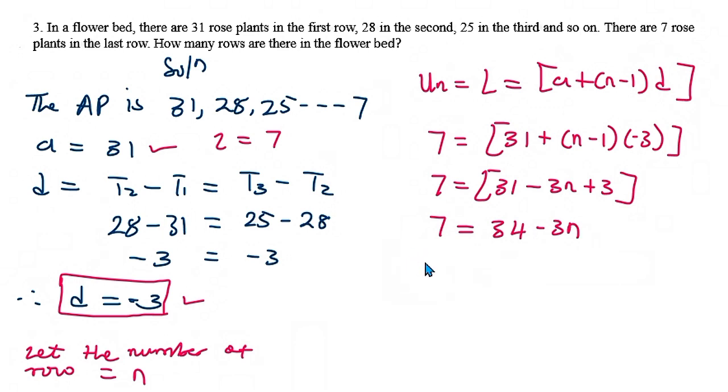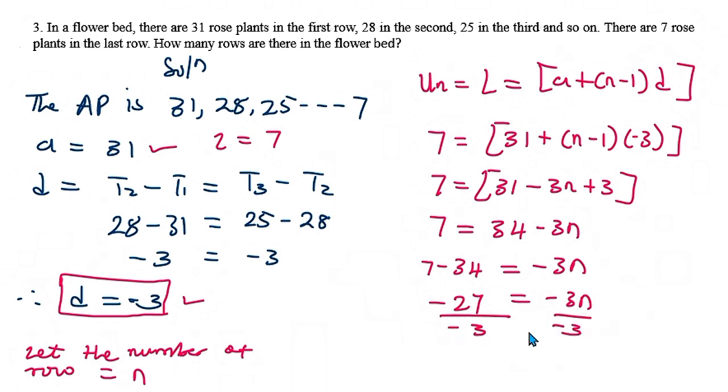Grouping like terms, we are going to have 7 minus 34 equals minus 3n. And 7 minus 34 gives minus 27, so minus 27 equals minus 3n. Dividing both sides by minus 3, therefore n will be equal to positive 9. So in conclusion, we can say that there are 9 rows in the flower bed.